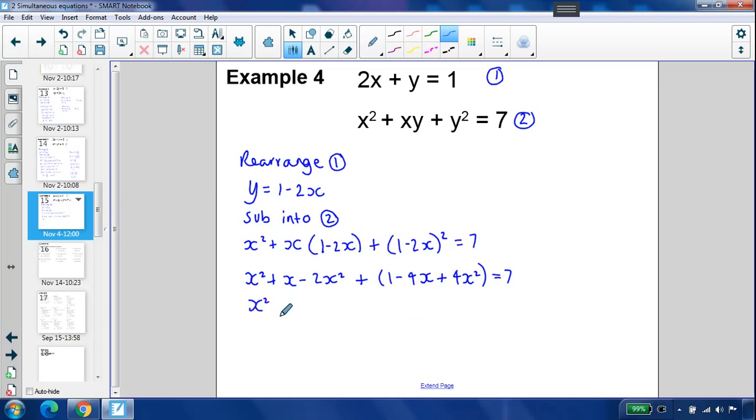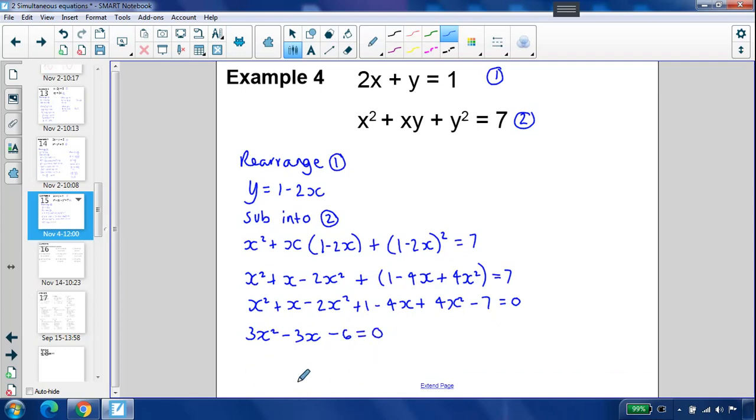So let's break it down a little bit so it's not as confusing. So I've got an x squared, a minus 2x squared and a 4x squared. Well, 4x squared add x squared is 5x squared, minus 2x squared we're going to be on 3x squared. Now I've got an x and a minus 4x, that's going to be minus 3x. And then let's have a look at the constants. I've got a 1 and a minus 7, so I've got a minus 6 is equal to 0.